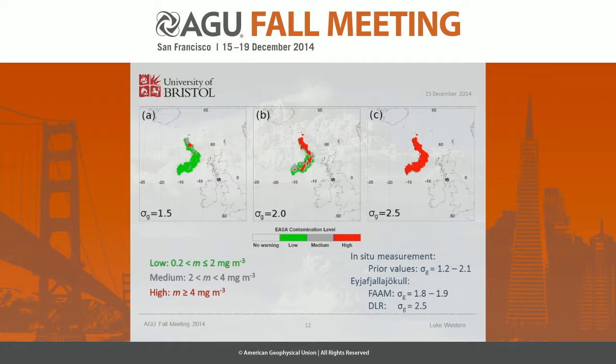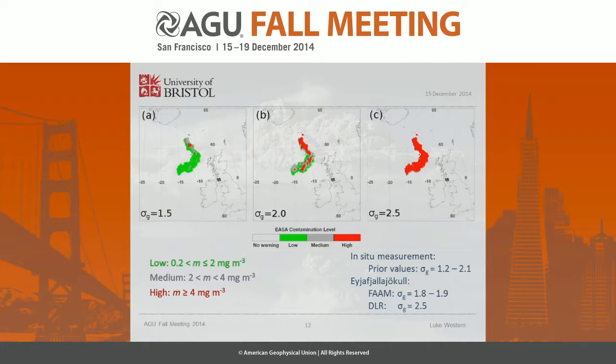We have our medium contamination level, which is similar to very stormy clouds. It's perhaps possible to fly for a defined period of time. And we have our high contamination level, which is a complete no-fly zone. And you can see that by purely a different assumption, this geometric standard deviation, we can completely reclassify air contamination zones based on these European levels.